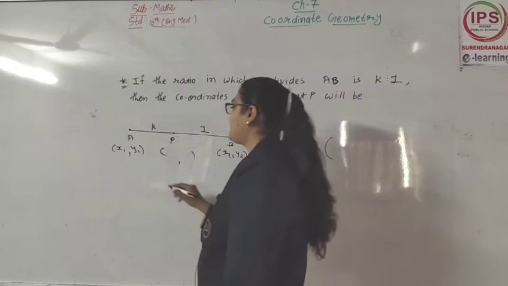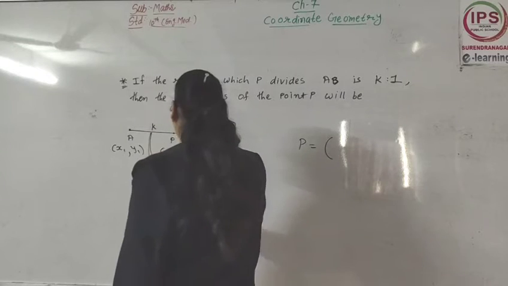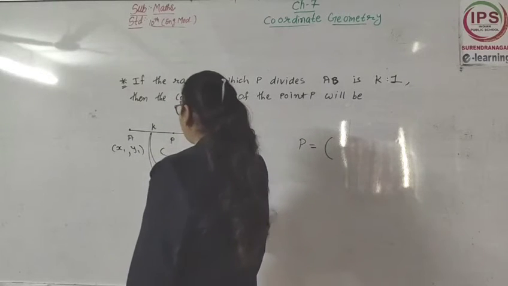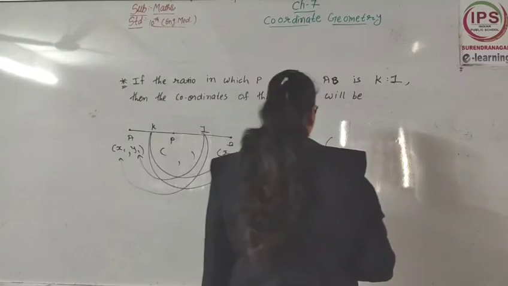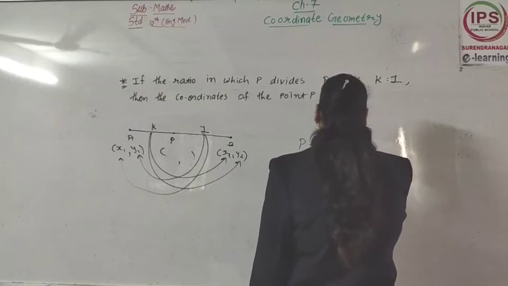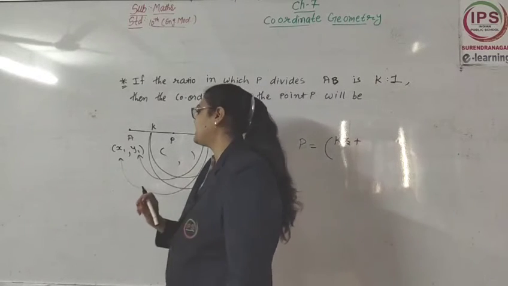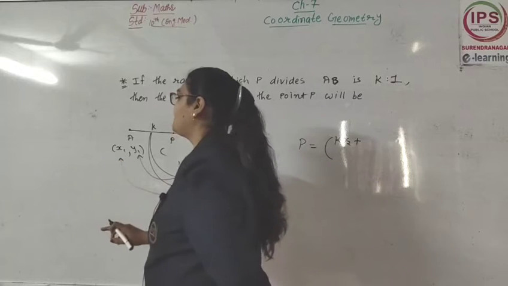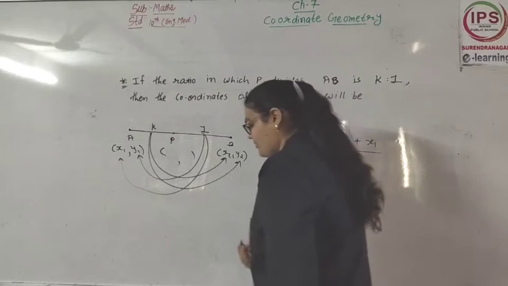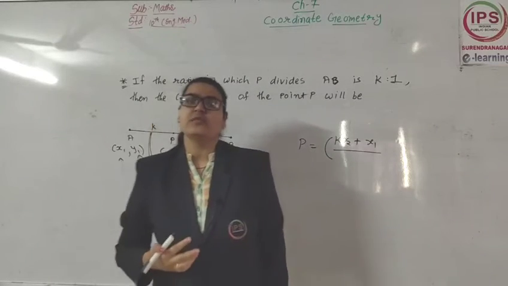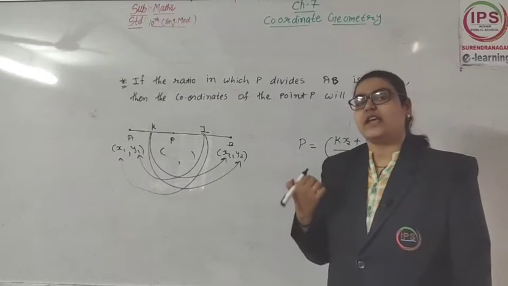So here we have to multiply k with x2 and y2, and we have to multiply 1 with x1 and y1. So the coordinates of P is equal to k x2 plus 1 into x1. Whenever we multiply any number with 1, we get that number itself as the answer.